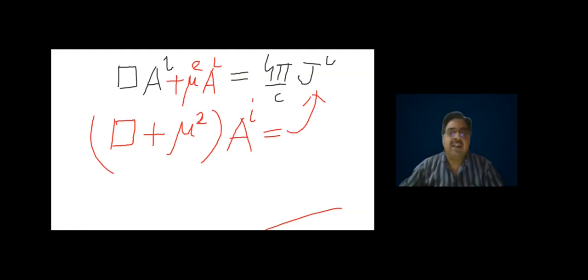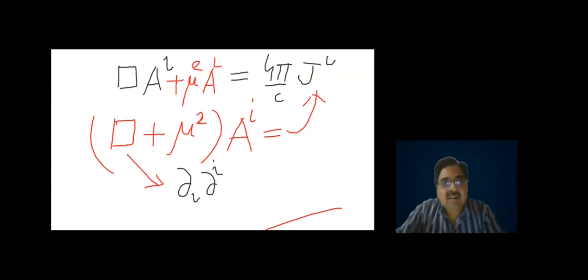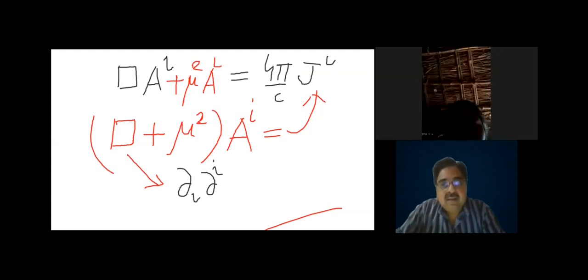Okay, so I was telling you that this D'Alembertian is the 4-dimensional divergence, and this is like del_i del^i. So by itself, it is a scalar operator, right?